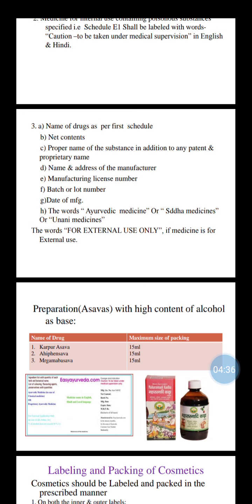Then the words "for external use only" in capitals if the medicine is for external use. Then preparations of asava with a high content of alcohol as base. These are the label requirements of an Ayurvedic formulation.